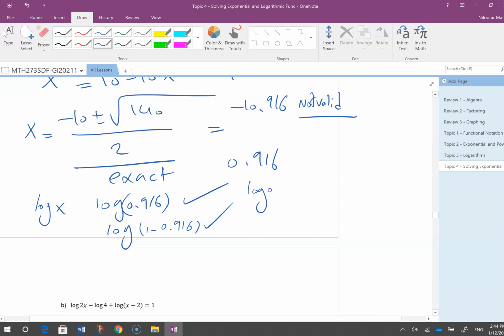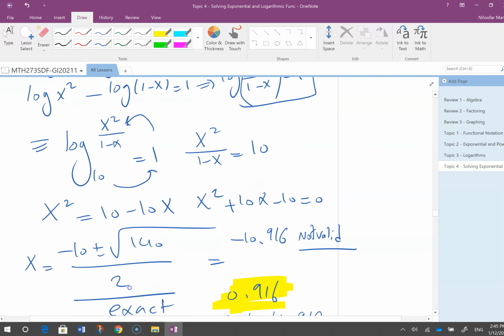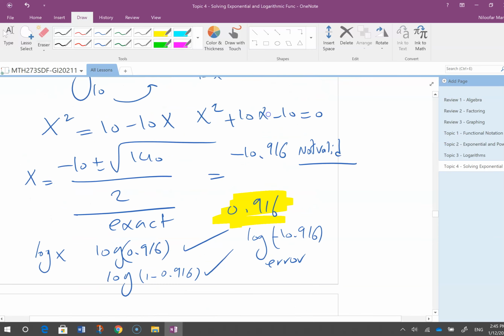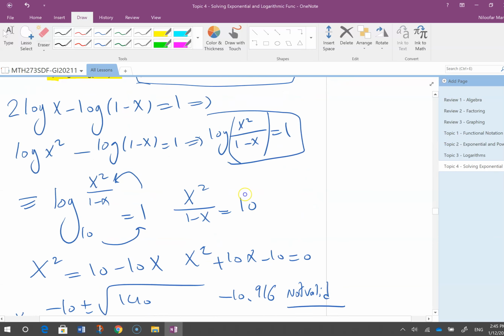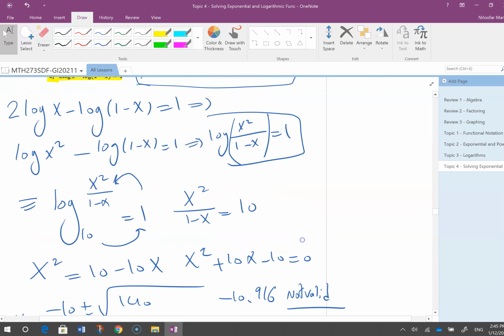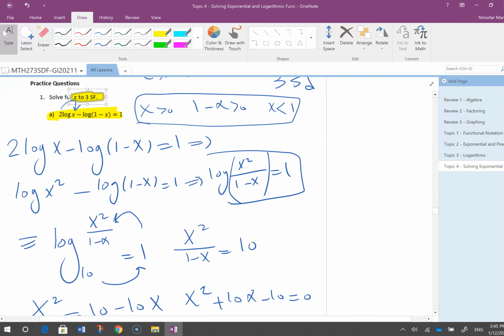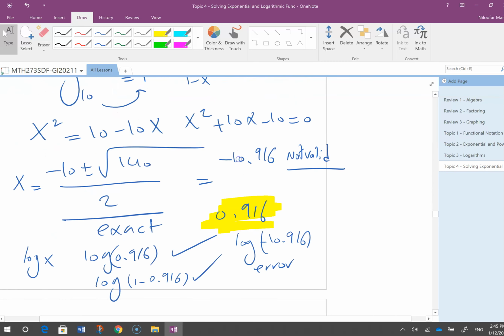The other one, logarithm of minus 10.916, is logarithm of a negative. That gives me an error. It's not defined, so this is not valid. The only valid answer is this one, to 3 significant digits, because for the first one logarithm x is not defined, as x is negative. You have to check if the answer is valid.